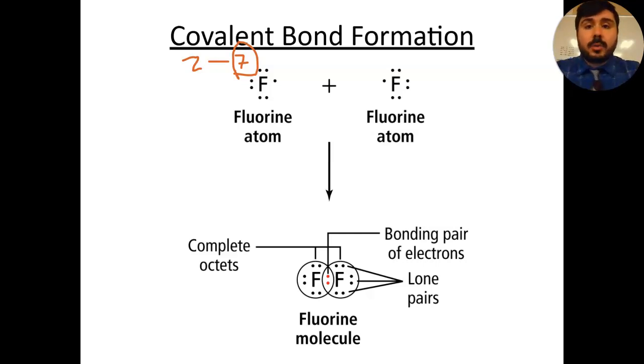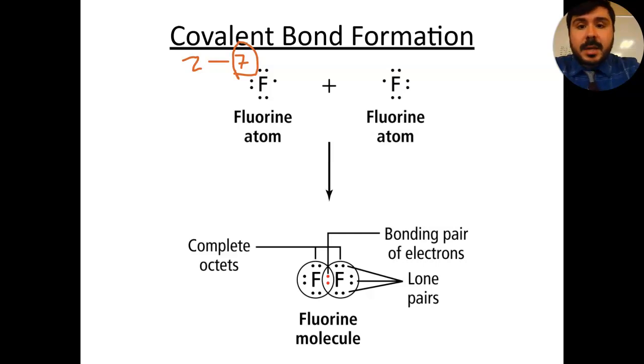But again, the question remains, guys, as always, how many does it want? 8. Hopefully you said 8, or thought 8, right? 8 valence electrons is what it wants. So in order to do that, without transferring any electrons from any metals, since we're only dealing with nonmetals here, it has the option to bond to another nonmetal, in this case the second fluorine atom, and share its valence electrons.